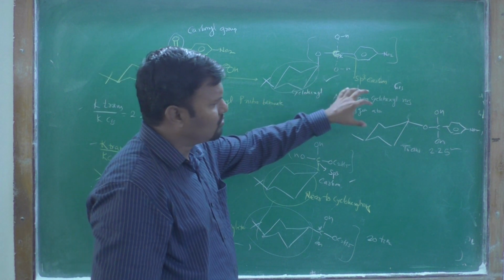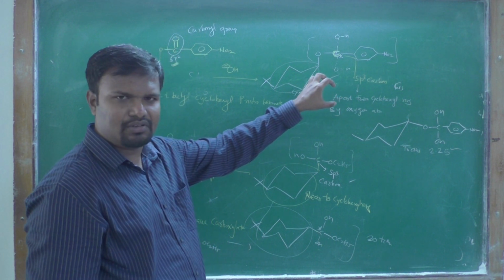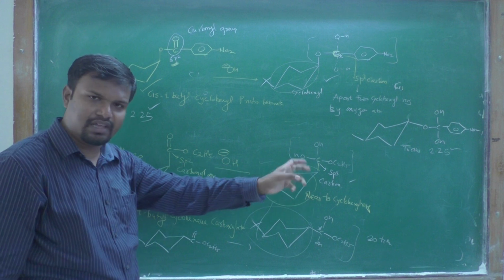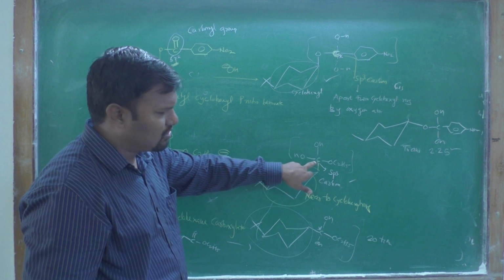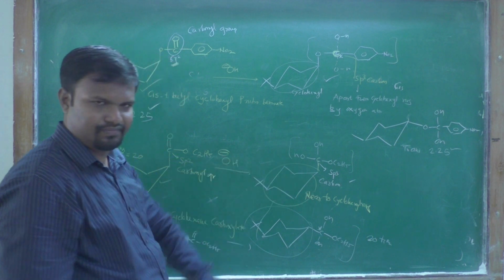Therefore, in such cases, the crowding is not much more than when the tetrahedral group is near to your cyclohexyl ring.